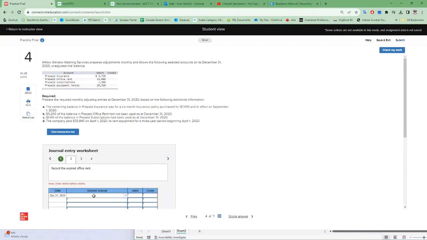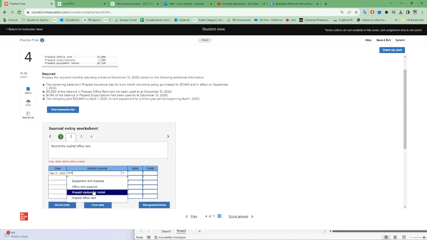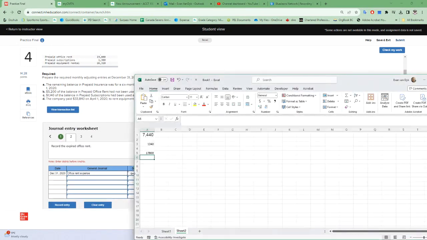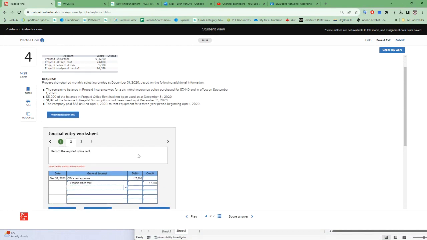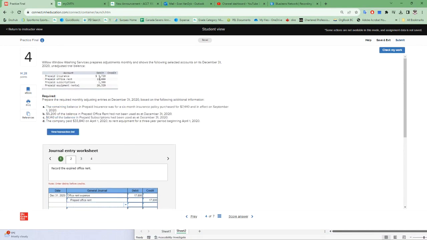So we add our rent expense for 17,800 and bring down our prepaid rent by 17,800. That's going to reduce 23,000 down to the remaining balance of 5,200.